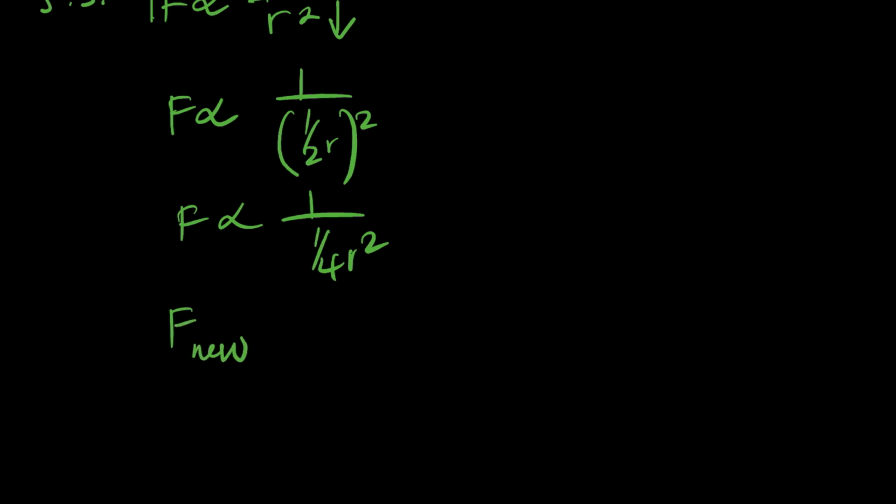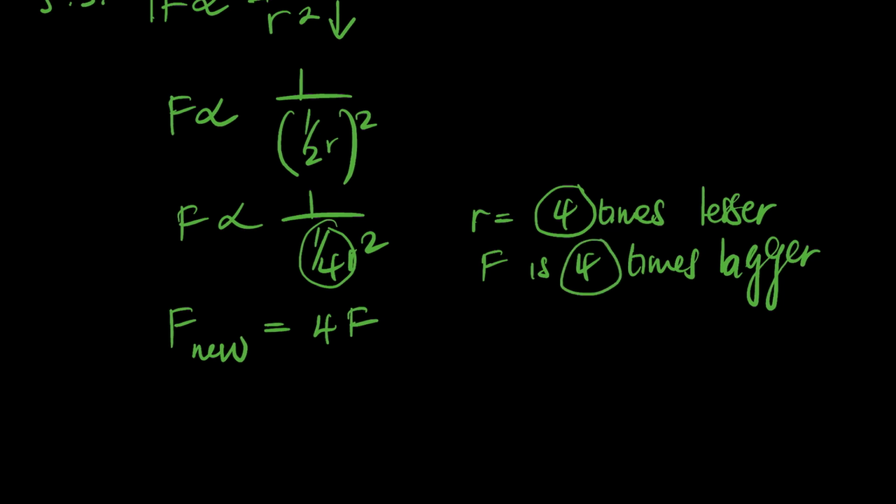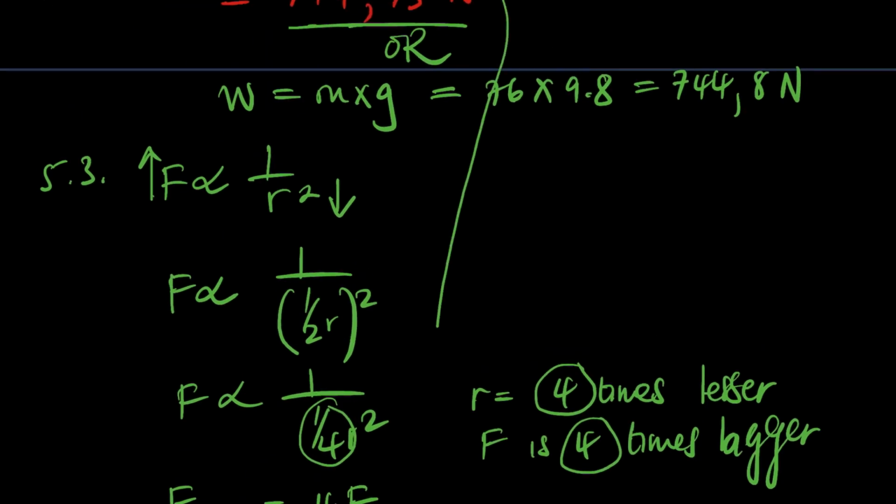Since it's 1 over 4, the distance decreases 4 times, and now the force will be 4 times bigger. If the distance is decreasing, the force will be increasing 4 times. So the new force will be 4 times the force that we calculated there.